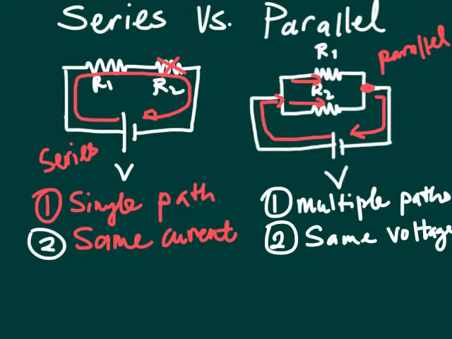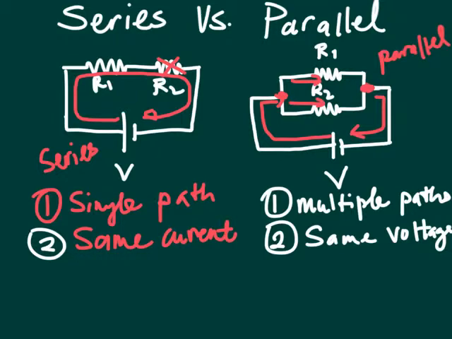You would see immediately that the right ends of both resistors R1 and R2 are connected to the negative terminal, and the left ends of R1 and R2 are both connected to the positive terminal of the battery.